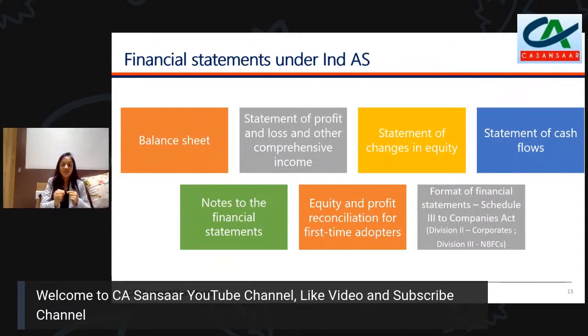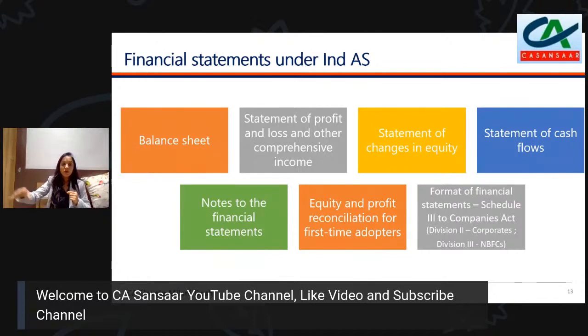And if this option is exercised, any gain or loss from my investment has to be disclosed in other comprehensive income. To explain in further detail, for example, if I am a company investing in a lot of my group companies.